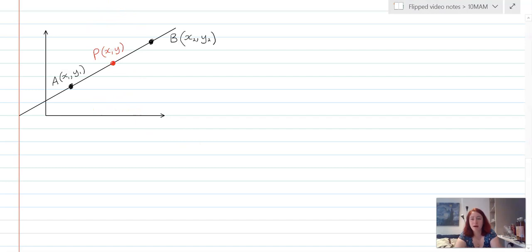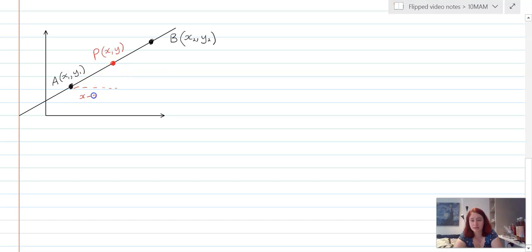So if we think about the average, the distance in x between point A and point P is going to look a little bit like that. The length of that little segment of line would be x minus x1, because x is going to be a bigger number than x1, as it is further positive on the x-axis.